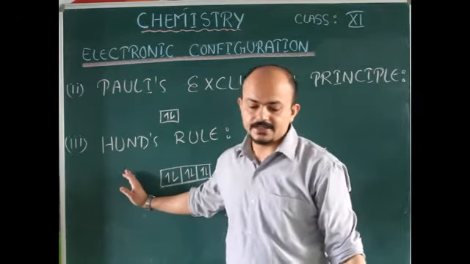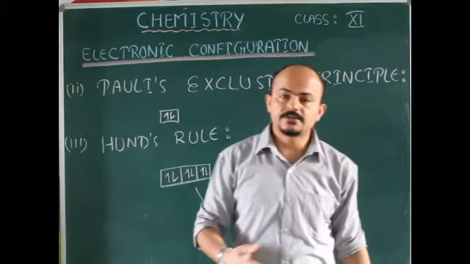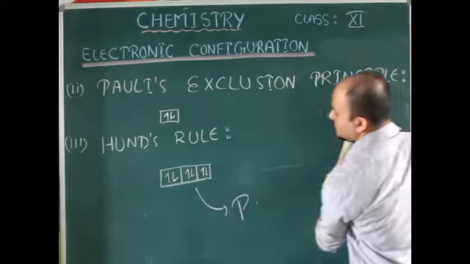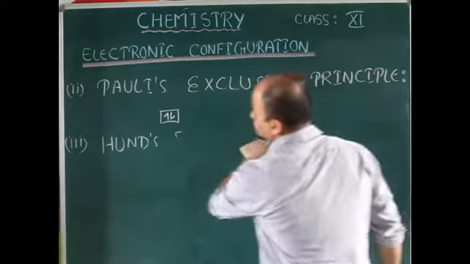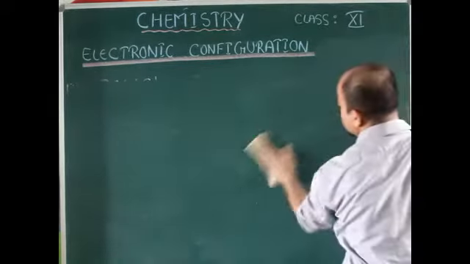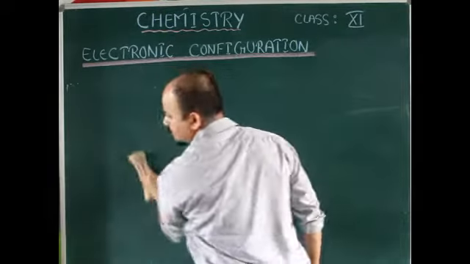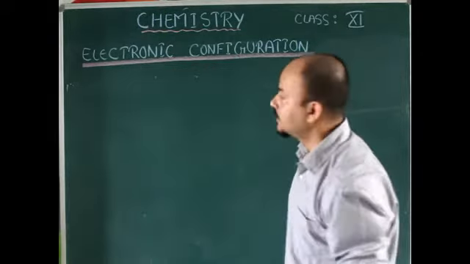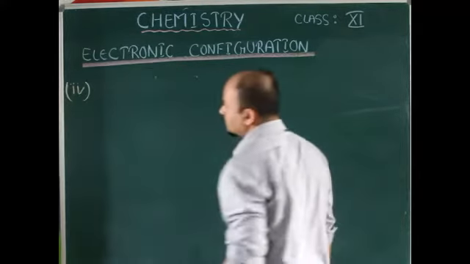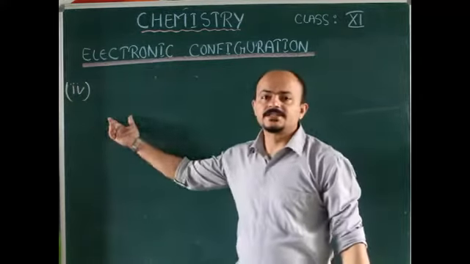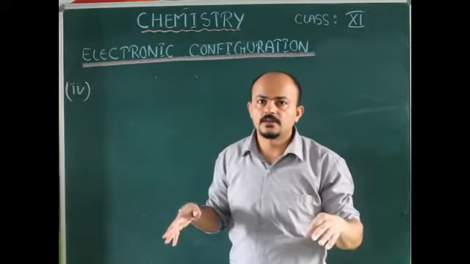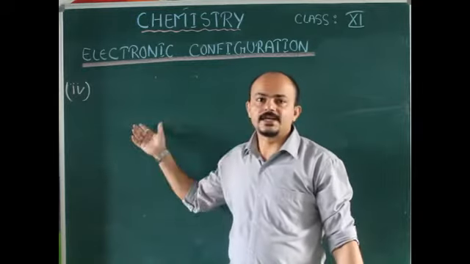Now, the next factor that governs electronic configuration is stable electronic configuration. You have to know that apart from these three principles, if some elements are stable in a certain configuration, in a certain arrangement of electrons, then they will have that configuration.